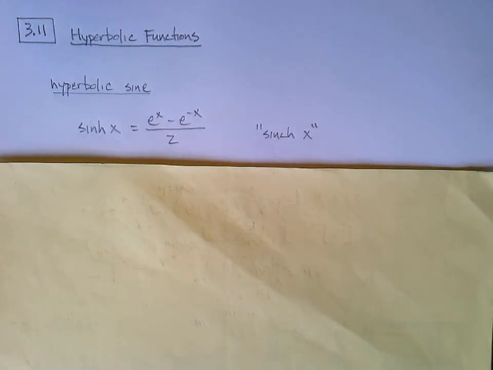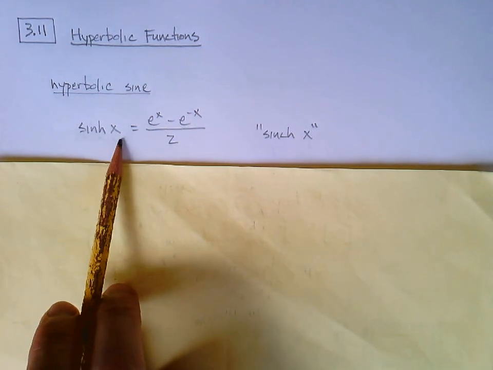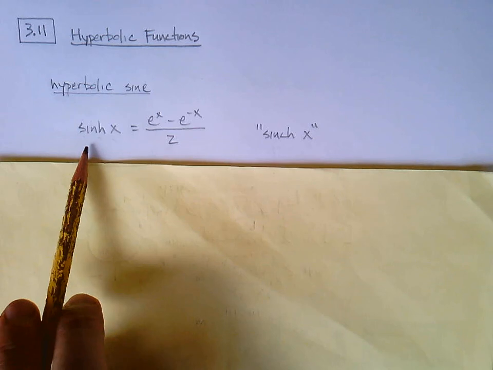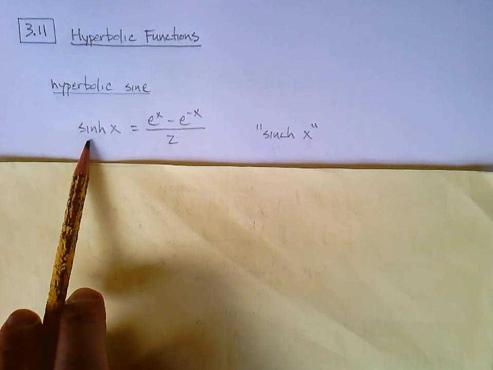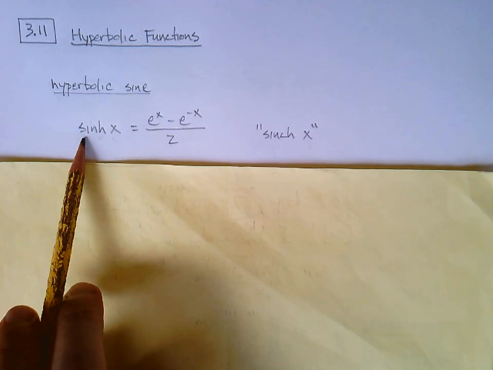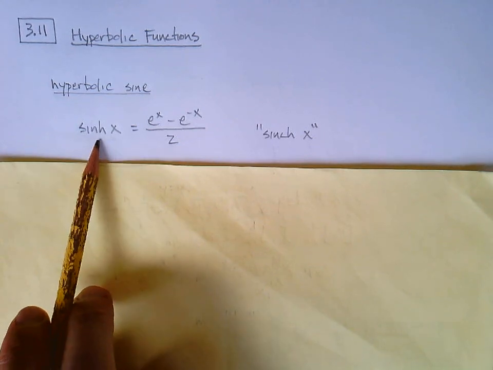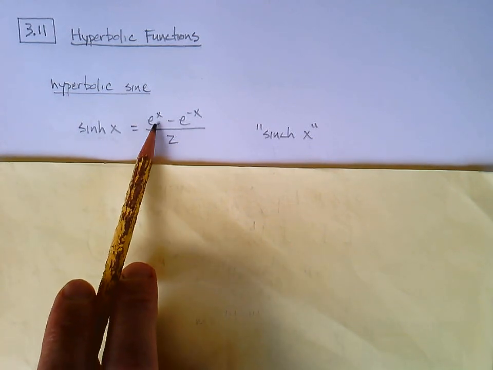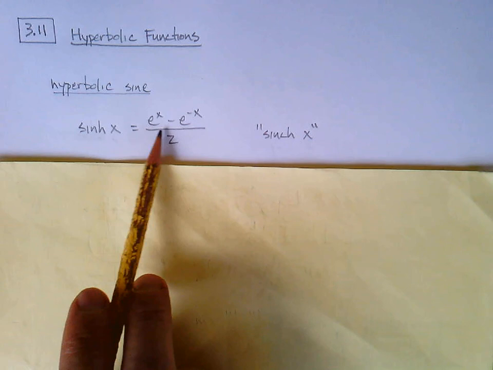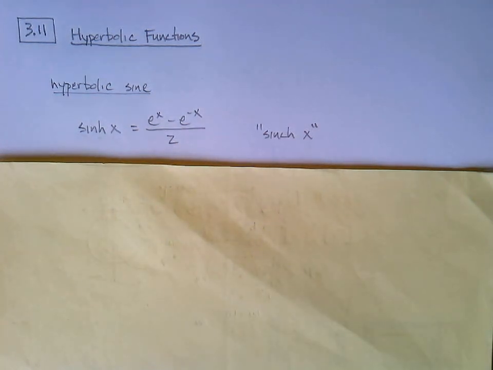So this is strange. We're calling it a new function. We're tying this one to the trig function sine, right? But it's the hyperbolic sine, yet it's defined in terms of these exponentials, e to the x, e to the negative x, and that sort of thing. What is this?